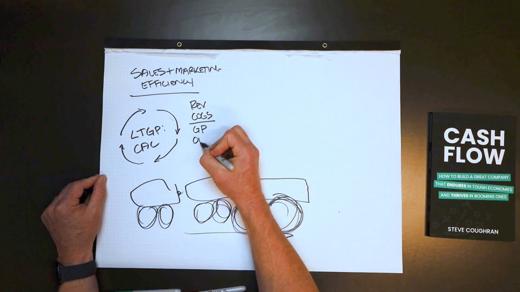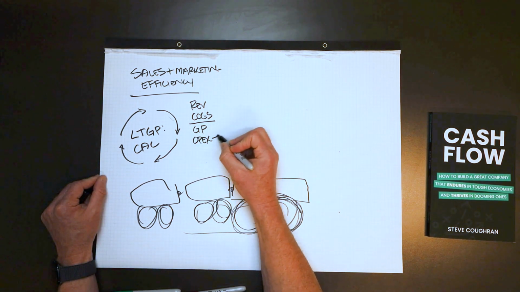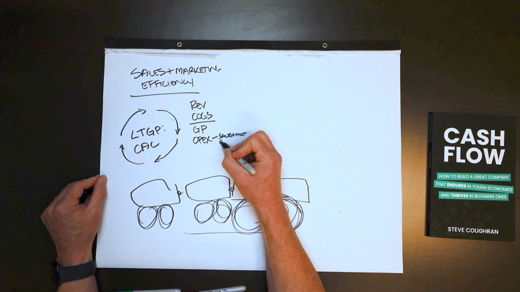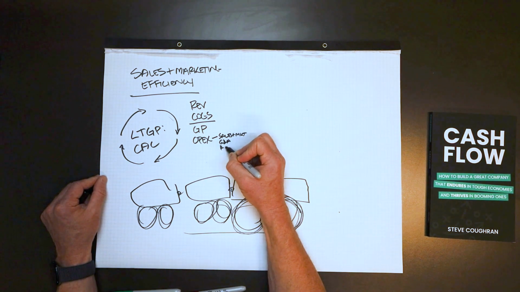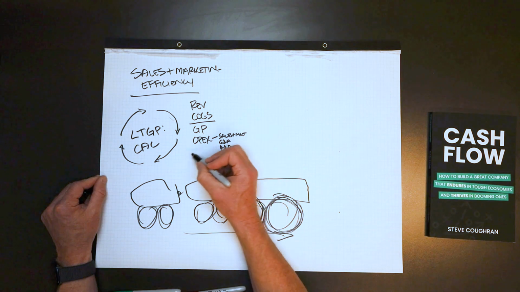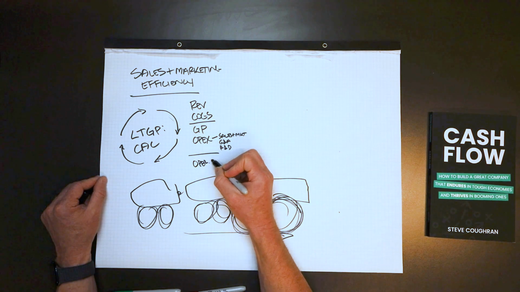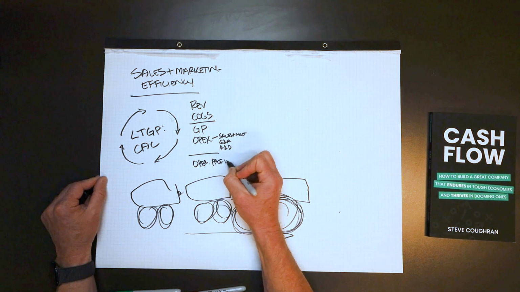We're not done yet. If you take OpEx, and OpEx is made up of sales and marketing cost, G&A, and R&D. We'll come back to that here in a minute. And if you take gross profit minus OpEx, you end up with operating profit. I'm just simplifying.